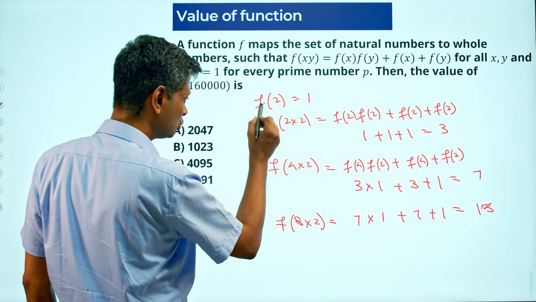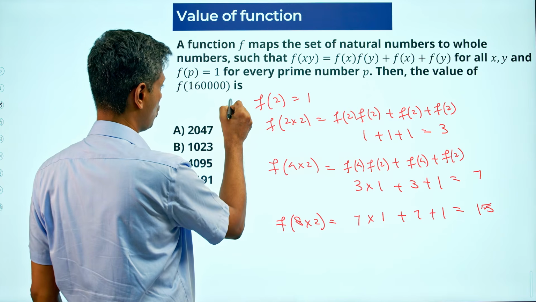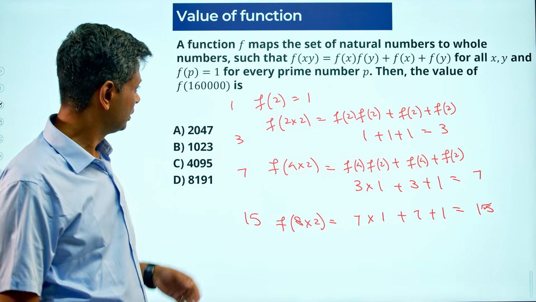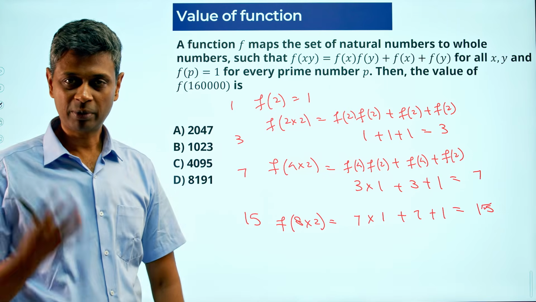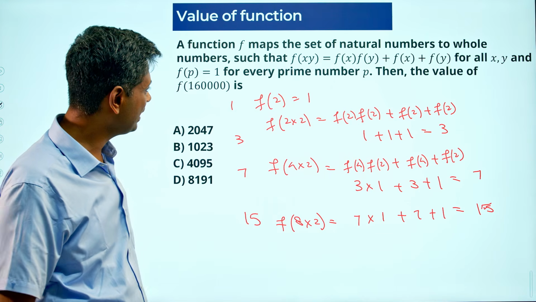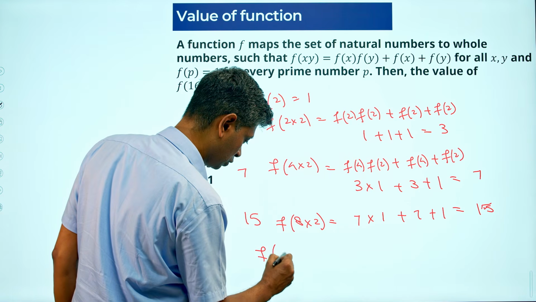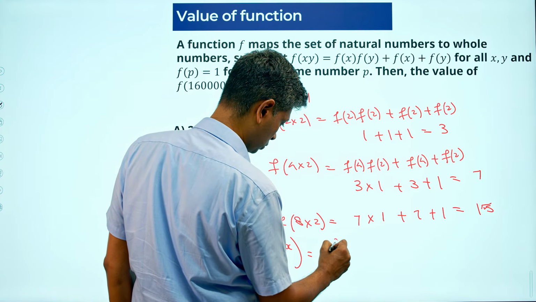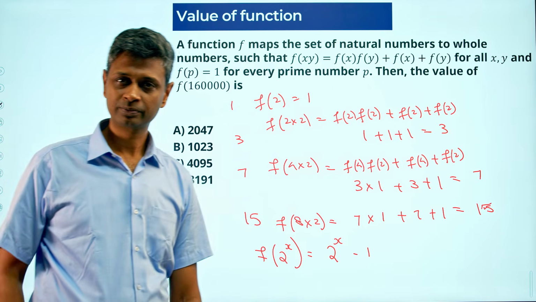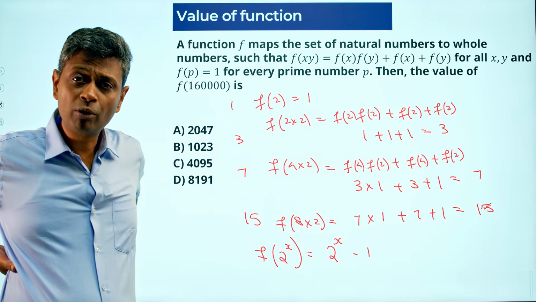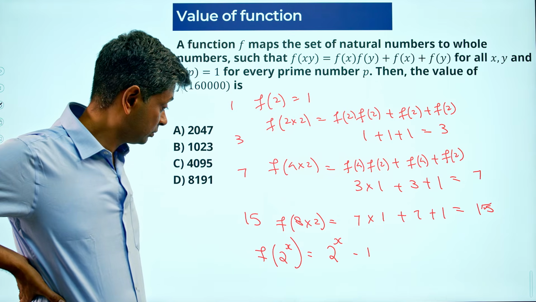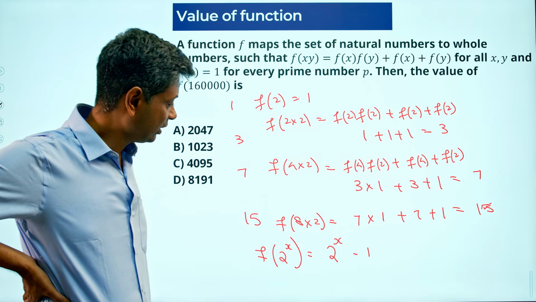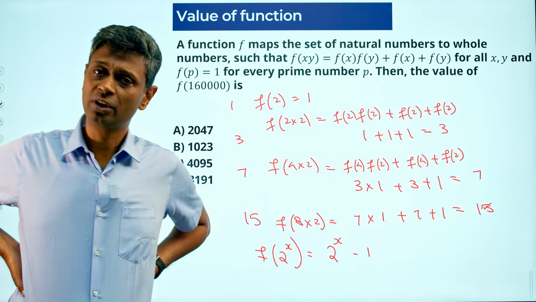We get f of 2, 4, 8, 16 as 1, 3, 7, 15. 2, 4, 8, 16 are powers of 2, and the values are the power of 2 minus 1. So f of 2 power x equals 2 power x minus 1. F of 2 is 1, f of 4 is 3, f of 8 is 7, f of 16 is 15, and so on.